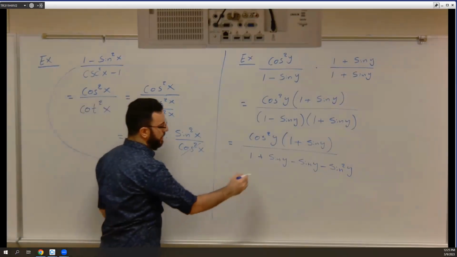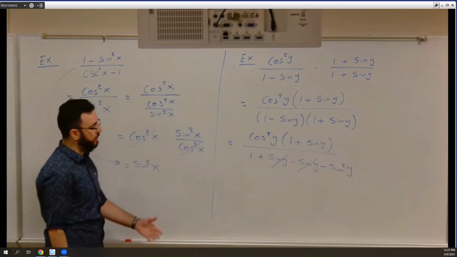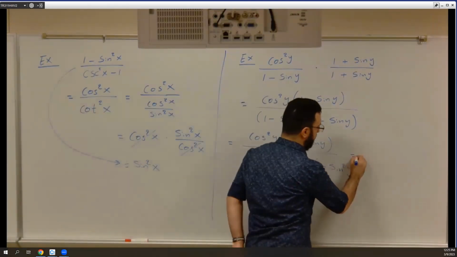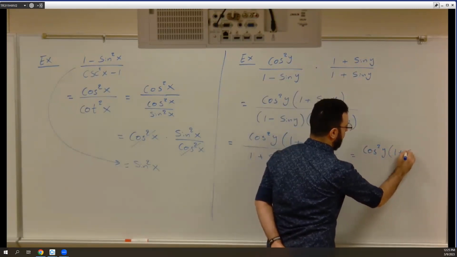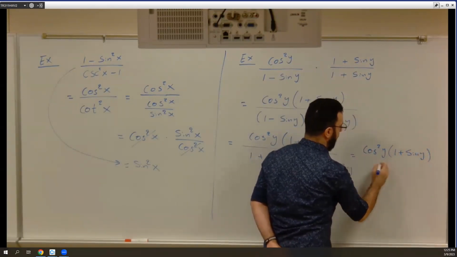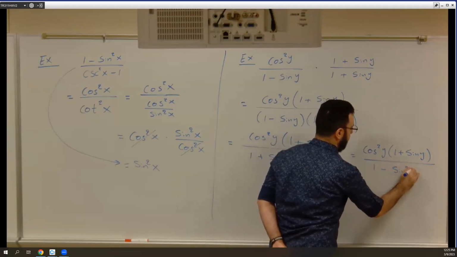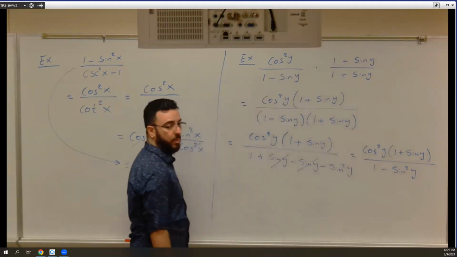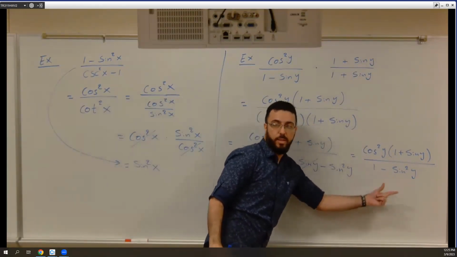Can I cancel these? What's left here? This one, cosine square y, 1 plus sine y over 1 minus sine square y. Yes or no? Now, 1 minus sine square of y is what?